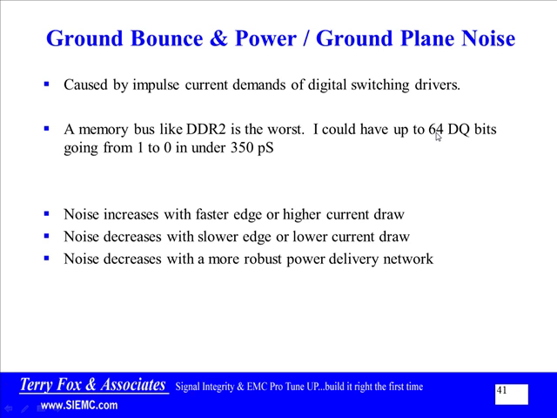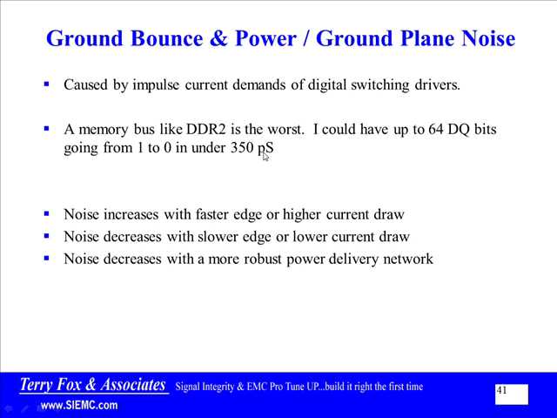If I had 30 milliamps per bit, 64 of those bits would be almost 2 amps. So if I had 64 bits going all F's to all zeros, all F's to all zeros, I would be switching on and off approximately 2 amps at an edge rate of about 3 gigahertz.